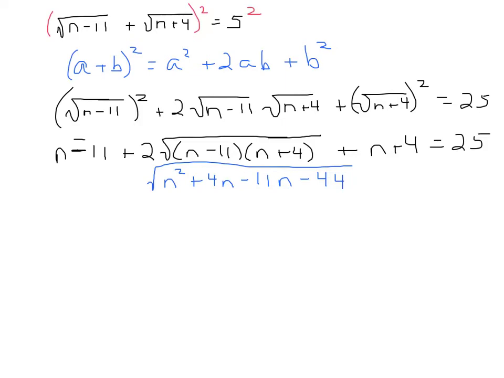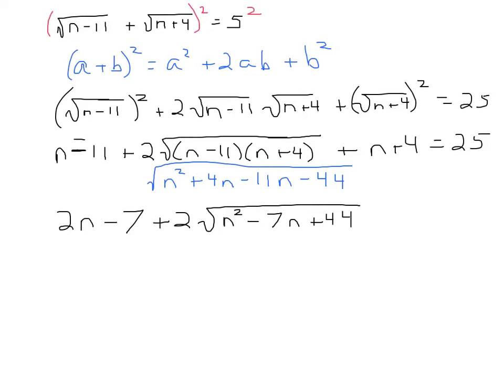So now we combine our like terms. We have 2n minus 11 plus 4 is minus 7, plus 2 times our radical, which is going to be n squared minus 7n plus 44. All of that is equal to 25.